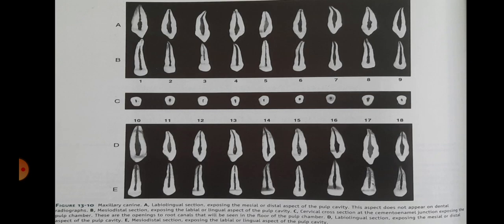The incisal aspect of the canine corresponds to the shape of the crown. If a prominent cusp is present, a long, narrow projection from the pulp chamber, that is a pulp horn, will be present.